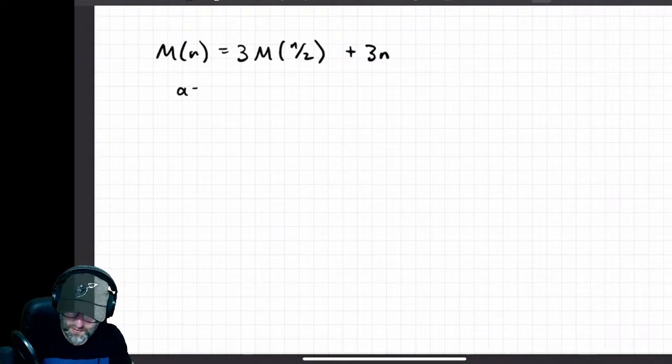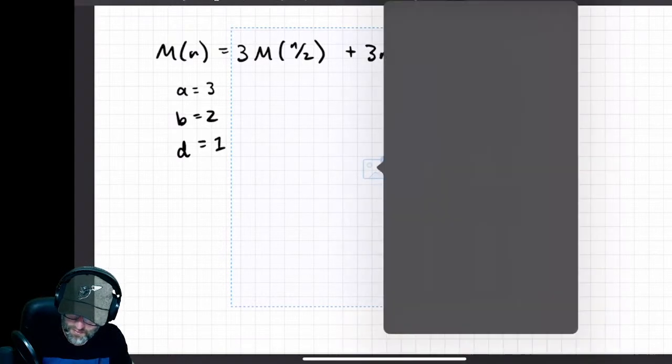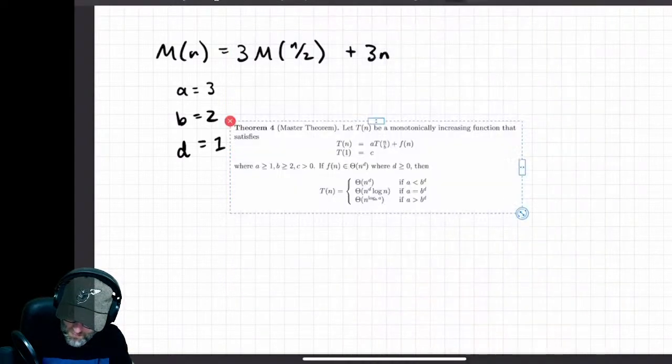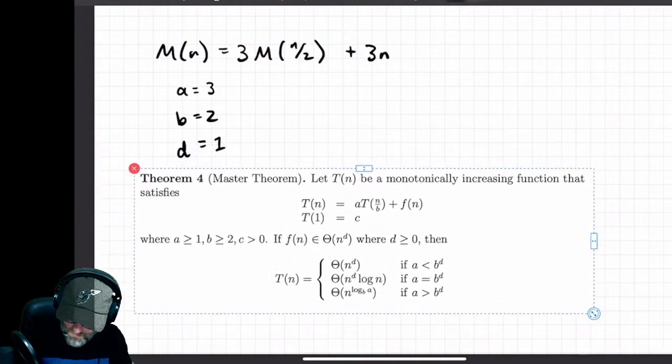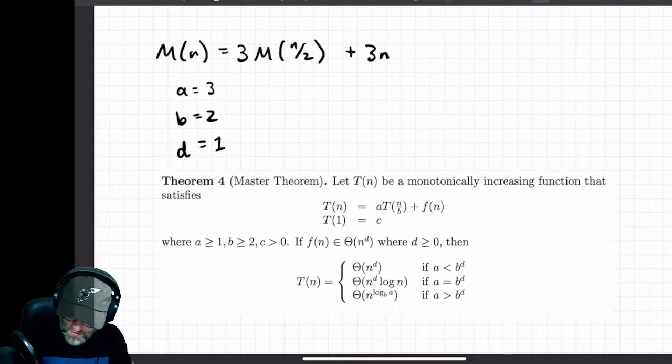Again, applying the master theorem, A is 3, B is 2, and D in this case is going to end up being 1 because we do have a linear factor over here. So bring in the master theorem once more. And what is our comparison here now? 3 versus 2 to the first.